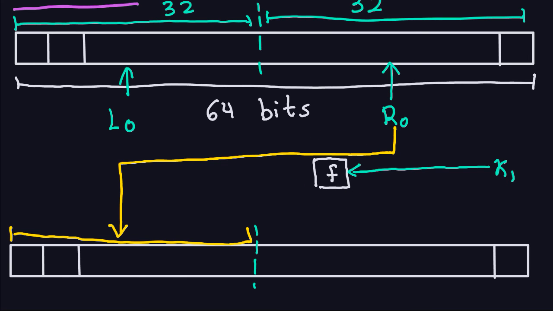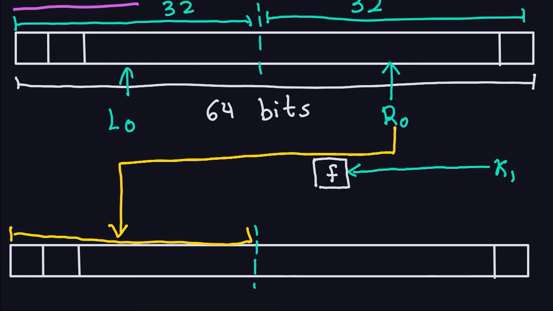Now, I already know half of my answer. Half of my answer is going to be here, which is exactly this right-hand side. The next thing that's going to happen is that the function is going to act on the left-hand side. This F function, as I mentioned, is going to take the key, and also whatever is coming from R0.